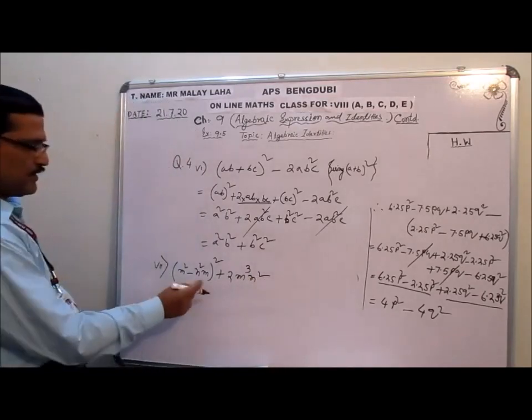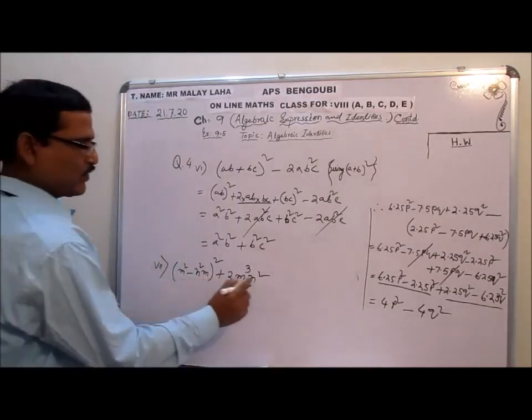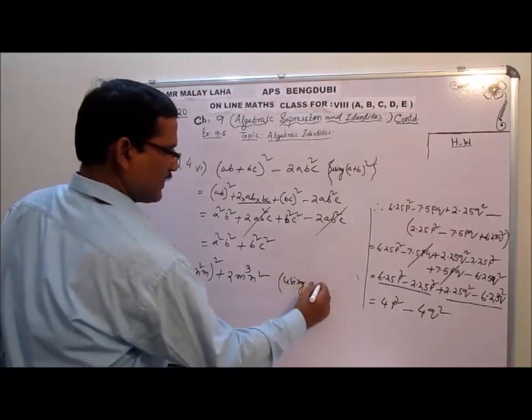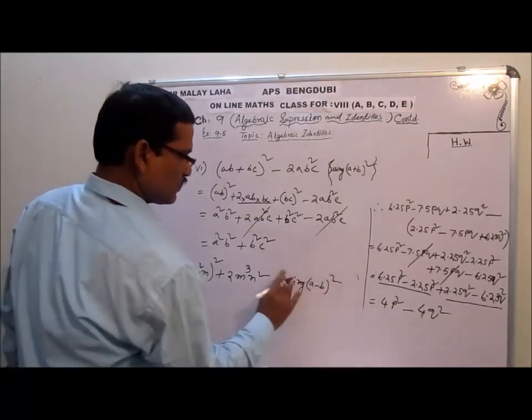So only this part, (a minus b) whole square, will follow using the formula for a minus b whole square.